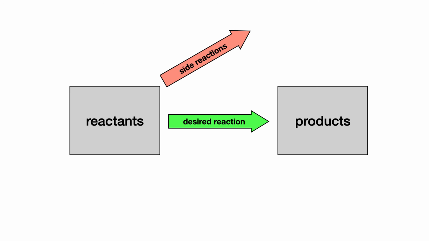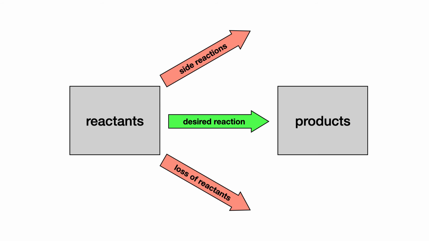Another thing that can happen is some of the reactants could get lost. For example, in the case of nitrogen and hydrogen, if some of those gases escape from the reaction container, that would also affect the amount of products that we could get.